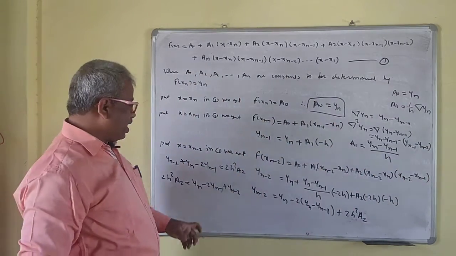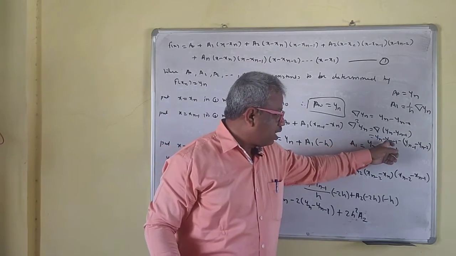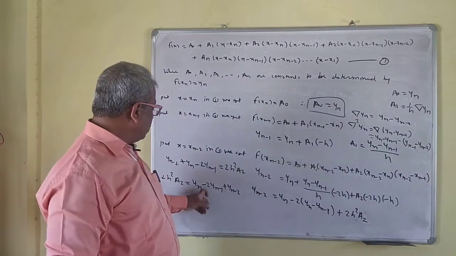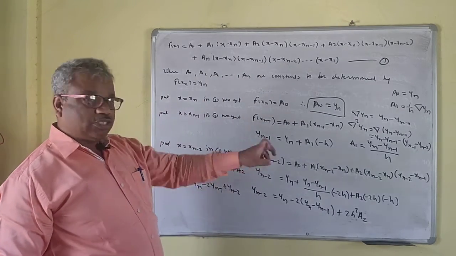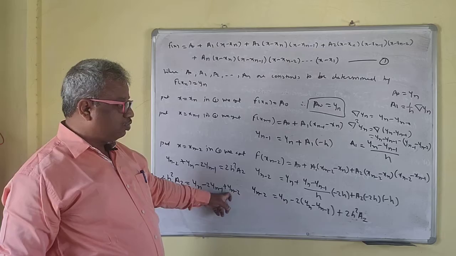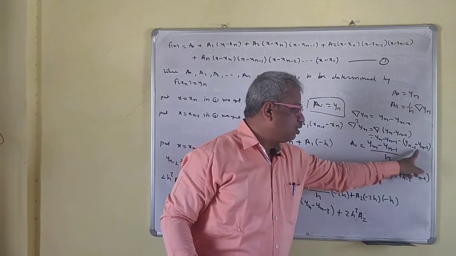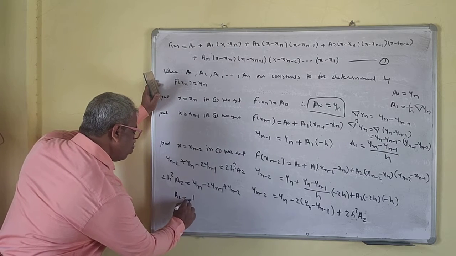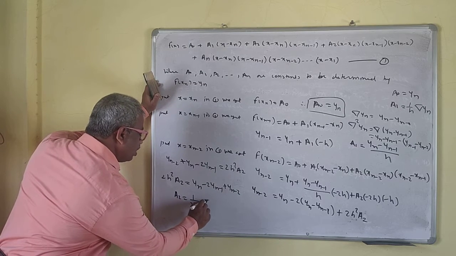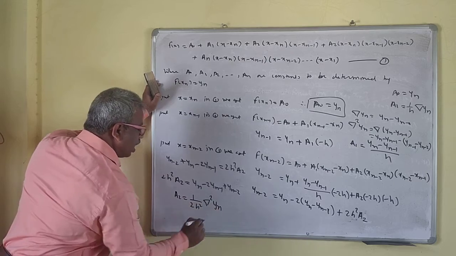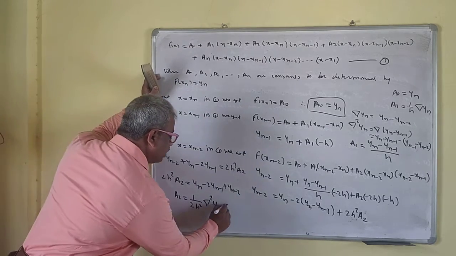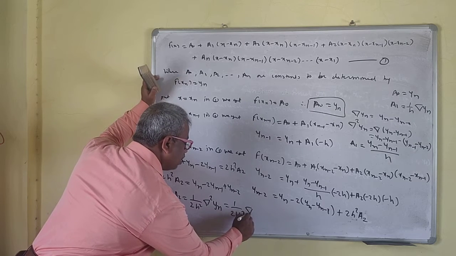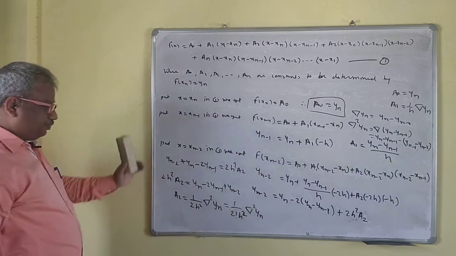After simplifying, what do we get? This is yn, this is yn, minus minus, so these are two minus here: minus 2yn minus 1, minus 2yn minus 1, minus minus plus. So that is yn plus yn minus 2. This is plus now. So that means a2 is equal to 1 upon 2 h square times the second backward difference at yn. Right? So I can write this as 1 upon 2 factorial h square del square yn.